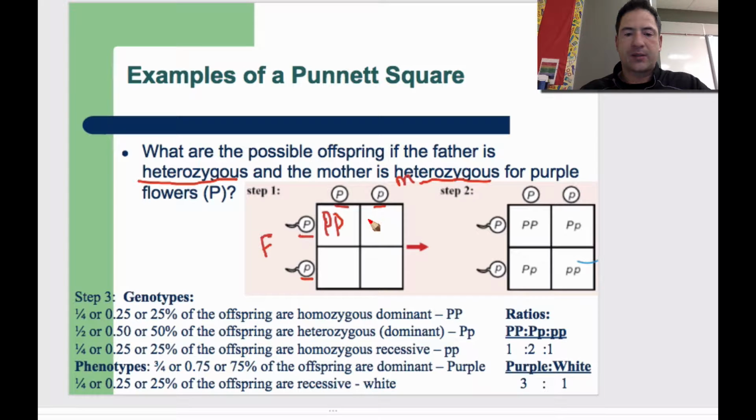I would take this dominant allele here, and I would take that little recessive allele. Sorry, my writing is bad. Anyways, you get the point. So I take this big uppercase P dominant allele and it would go there, and then that recessive allele would go there. And then these two little recessive alleles would go there.